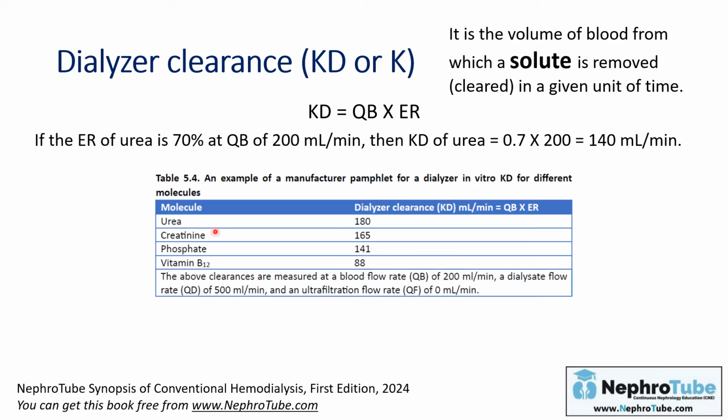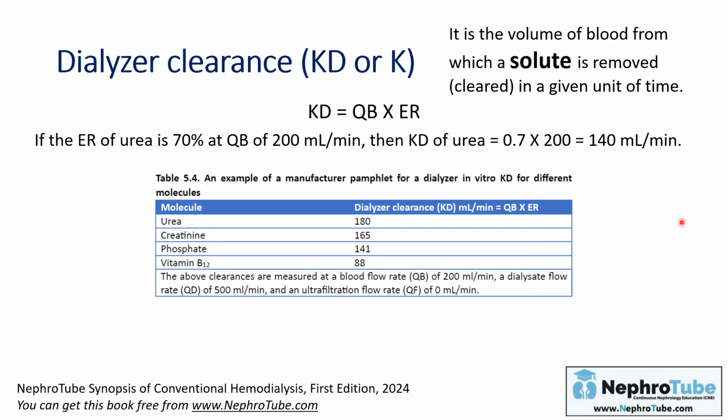For example, they mentioned here the dialyzer clearance of one of the filters: urea is 180, creatinine 165, etc. And they put these numbers when the blood flow rate is 200, the dialysate flow is 500, and the ultrafiltration rate is 0.